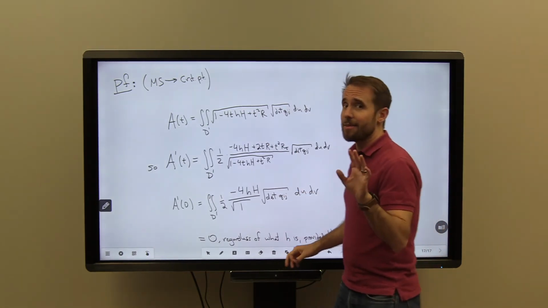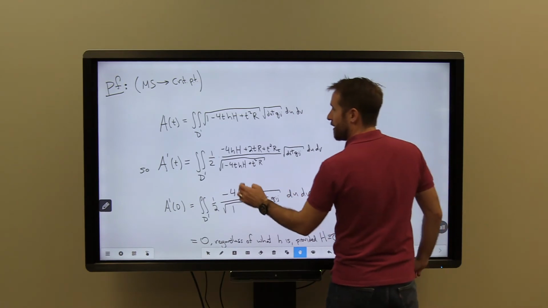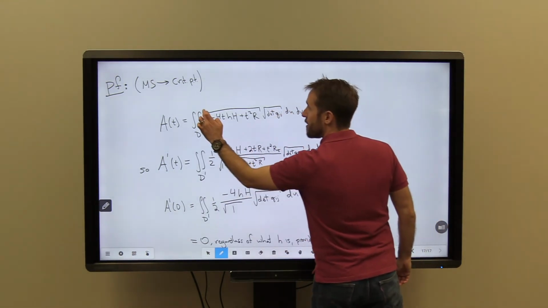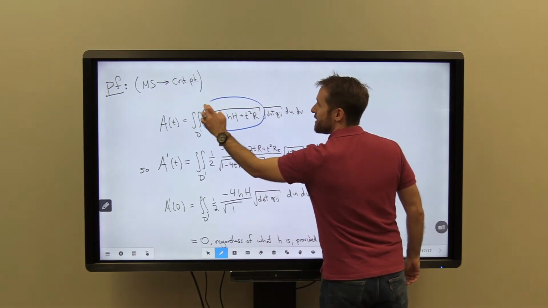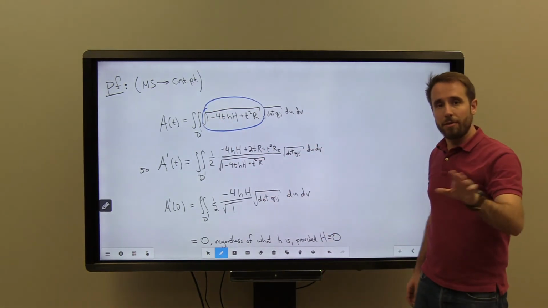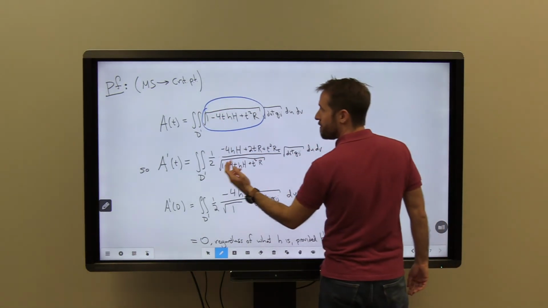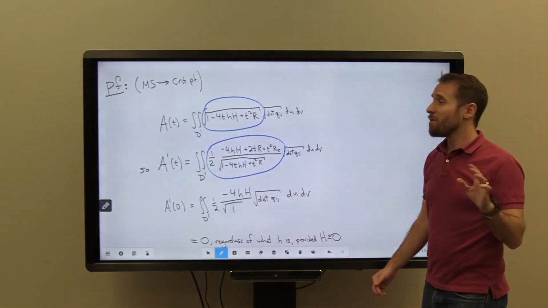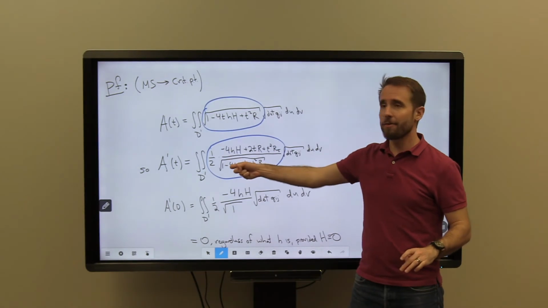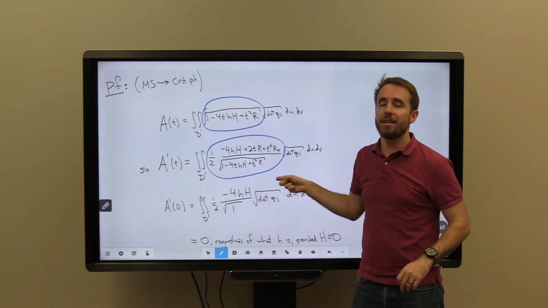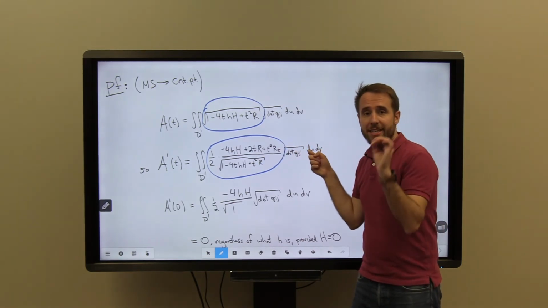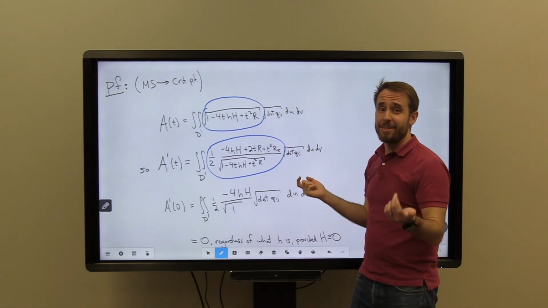So what I get is I'm taking the t derivative of this piece right here, right? Which by the chain rule is just going to be this piece right here. And notice what we get. We're going to get the 1/2 out front, we'll get this square root in the denominator, and then in the numerator, the t derivative of what was inside the square root.